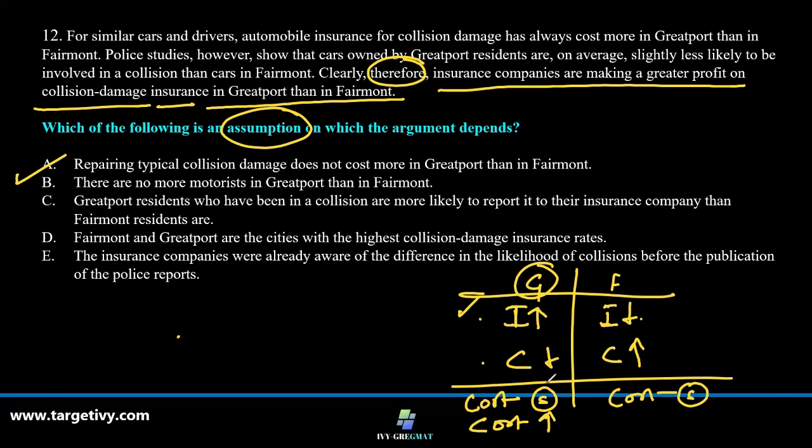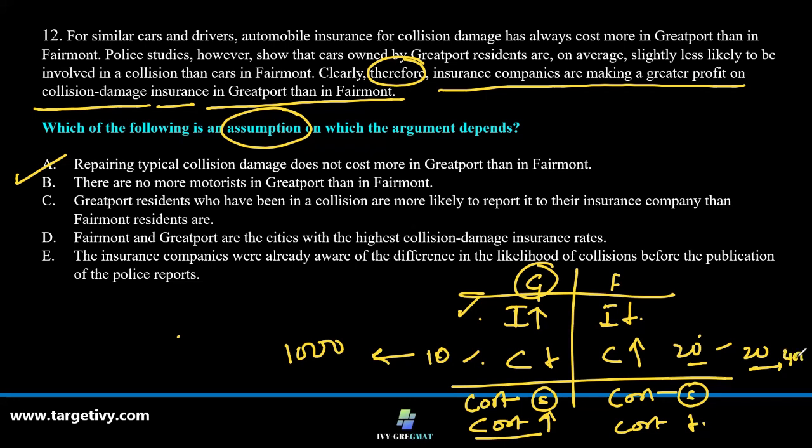Say there are 10 collisions here and there are 20 collisions in a given month. The cost of repair is high here, the cost is low here. If this costs 100 rupees per repair, and if the cost is low here, say 20 rupees, then the total cost borne by the insurance company will be 400. So in that case, insurance companies won't be making profit.